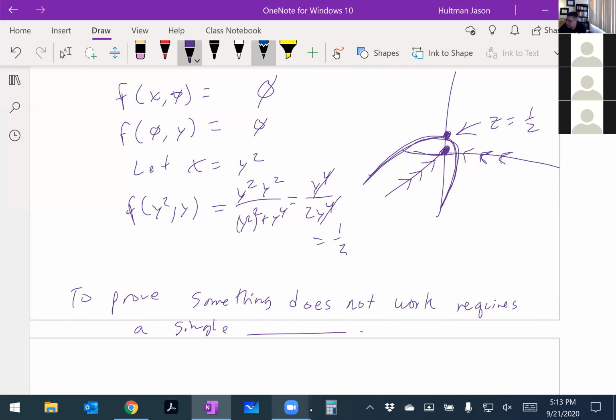What's the blank there? To prove something doesn't work requires a single what? A single lady? All the single ladies? All, what?